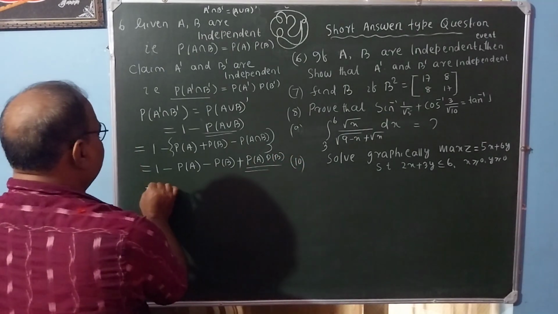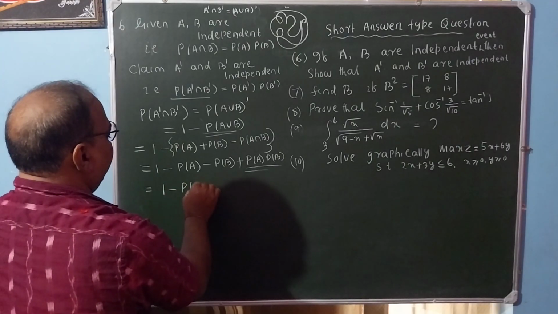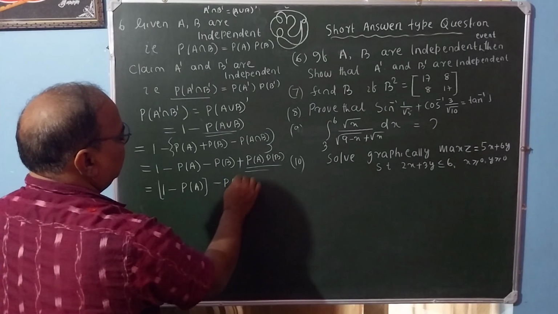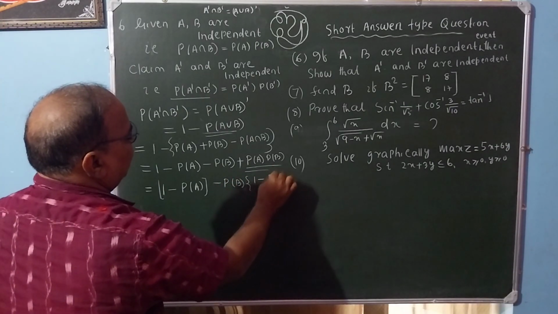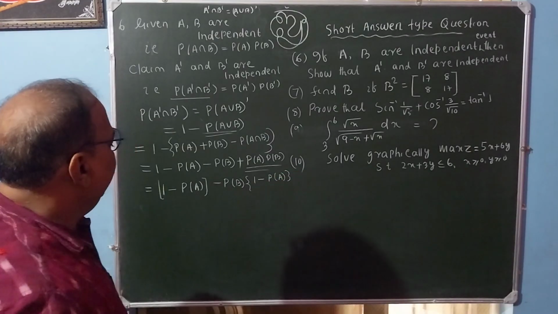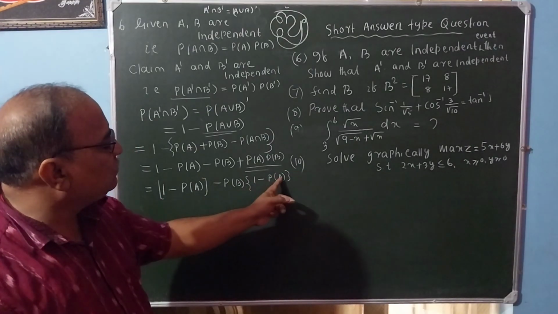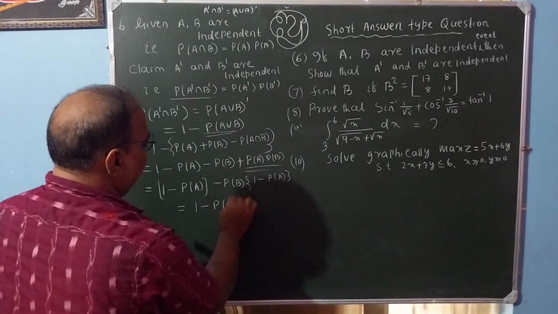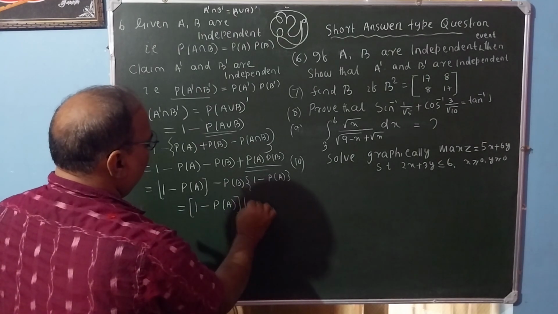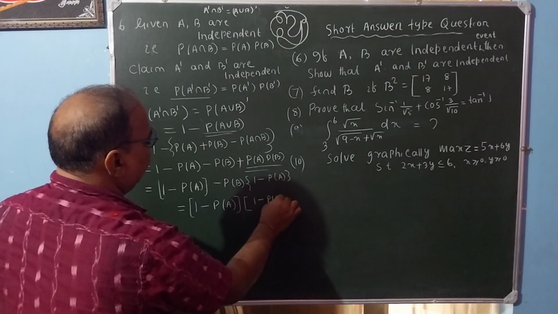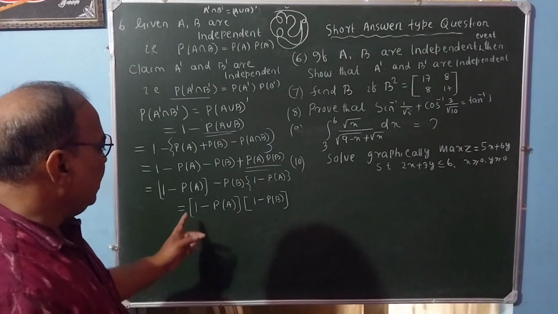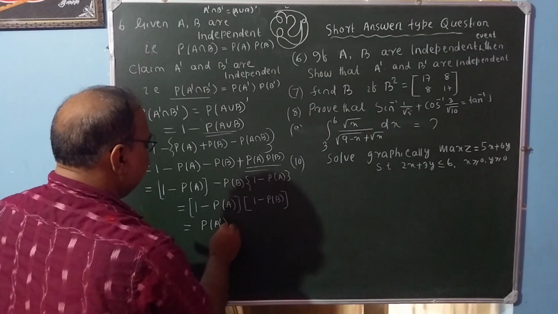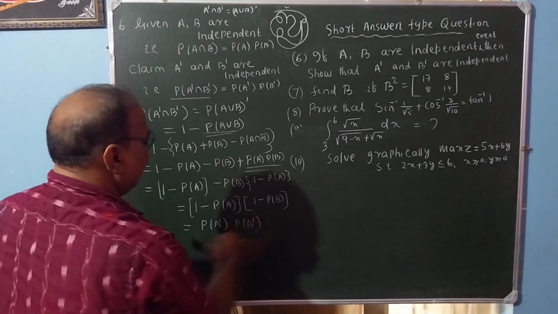Now factorize it. 1 minus probability of A, minus probability of B, taking common 1 minus probability of A. So we get 1 minus probability of A into 1 minus probability of B. So we know 1 minus probability of A is probability of A dash, into probability of B dash.